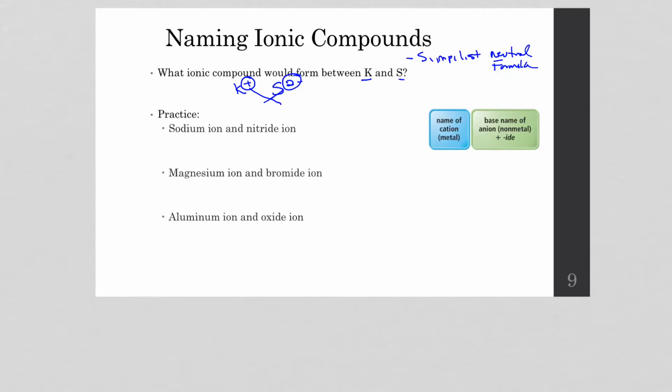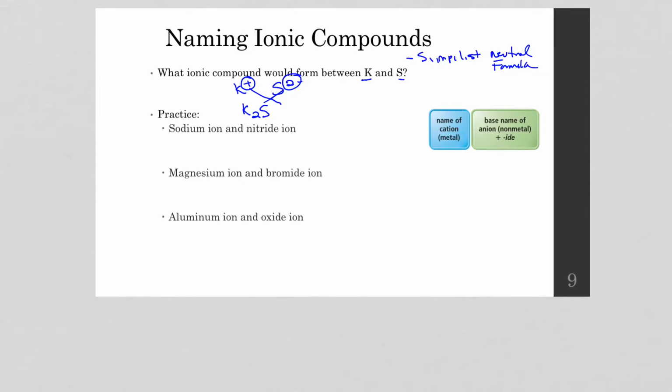So where sulfur has a charge of 2, that means K will end up with a subscript of 2. And with K having a charge of 1, then we'll end up with only 1 sulfur. So we end up with a formula of K2S.